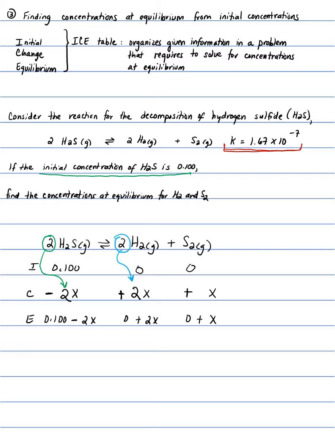We don't have an actual numerical value, but we have an idea. Okay, so my initial concentration of hydrogen sulfide is decreasing by 2x. The concentration of the hydrogen is increasing by 2x. The concentration of S is increasing by x. So I'm going to write down my equilibrium constant expression.